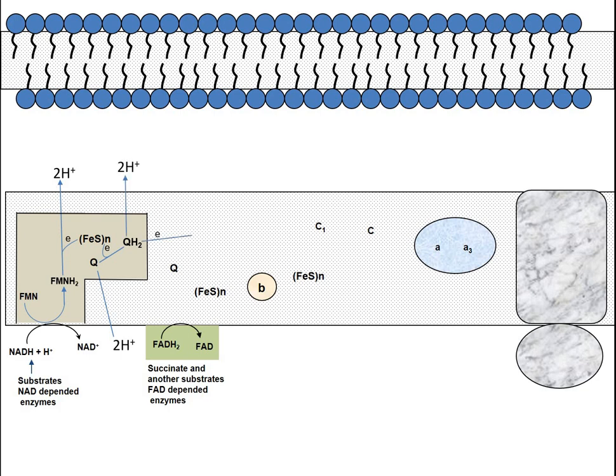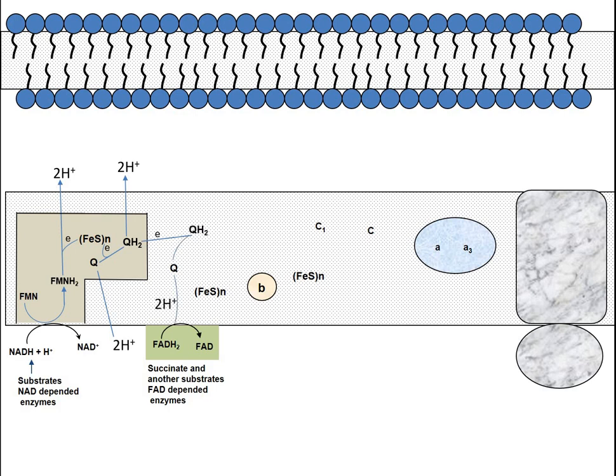Electrons enter into the second respiratory complex. They are taken by ubiquinone from the second respiratory complex, and 2 protons from succinate dehydrogenase. This enzyme is located in the mitochondrial matrix.